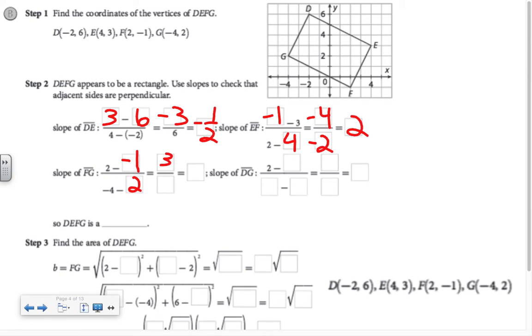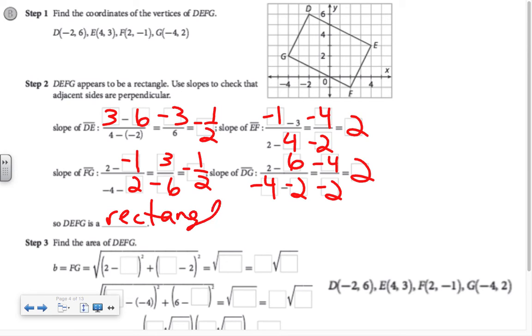So that's 3 over -6, which is also -1/2. Still looking good for this to be a rectangle. Finally, the slope of DG is 2 minus 6 over -4 minus -2. So that's -4 over -2, which is 2. So DEFG is in fact a rectangle.